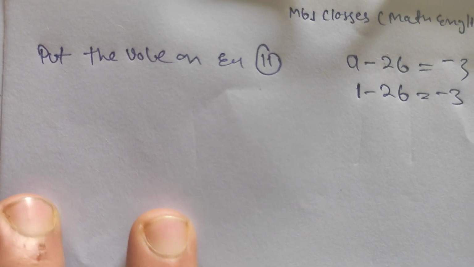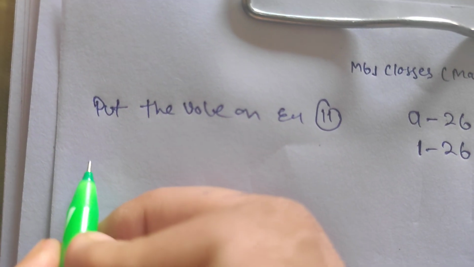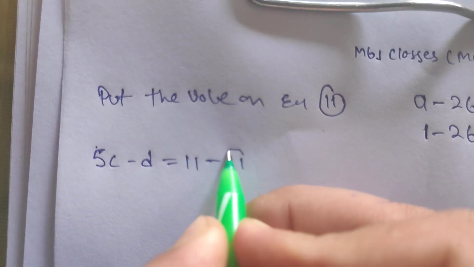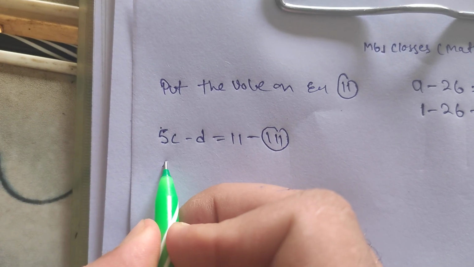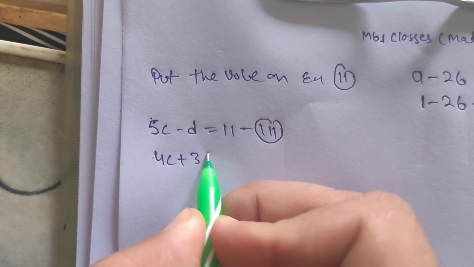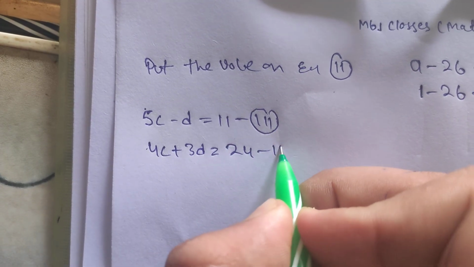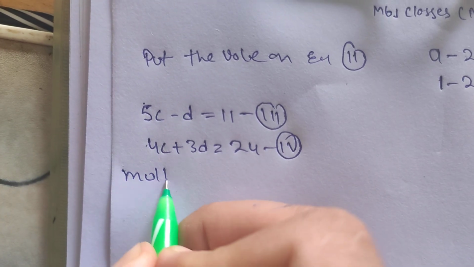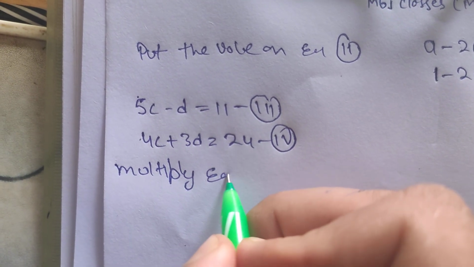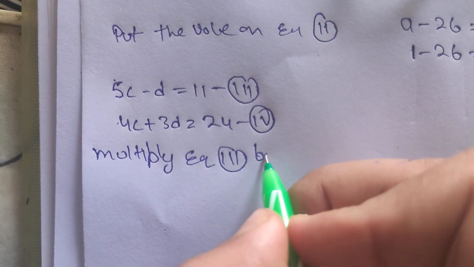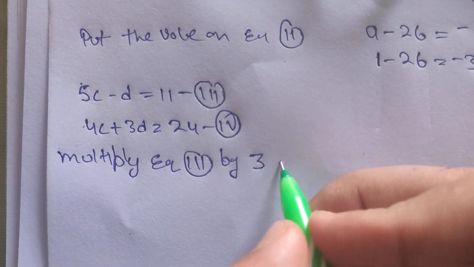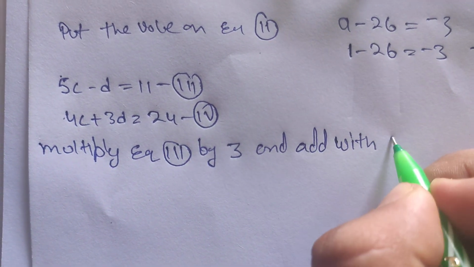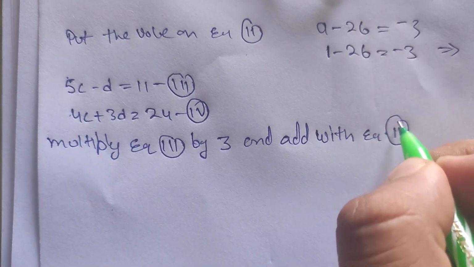Okay, and solving similarly equations 3 and 4, I have 5c minus d becomes 11 as equation number 3, and 4c plus 3d is equal to 24 as equation number 4. Okay, so multiply equation 3 by 3 and add with equation 4.